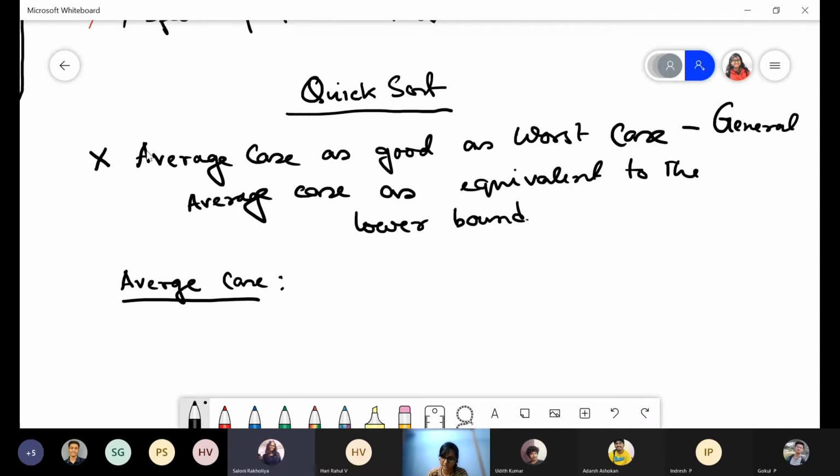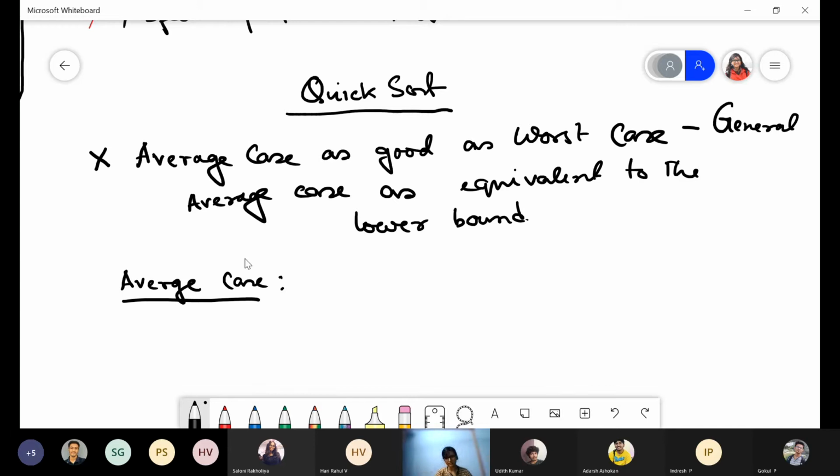Yeah, that is the average case. Theoretically, you can claim a result as the average case only if you can prove that you have run the algorithm over all possible variations of input, taken the complexity for each of the cases, and calculated the average.